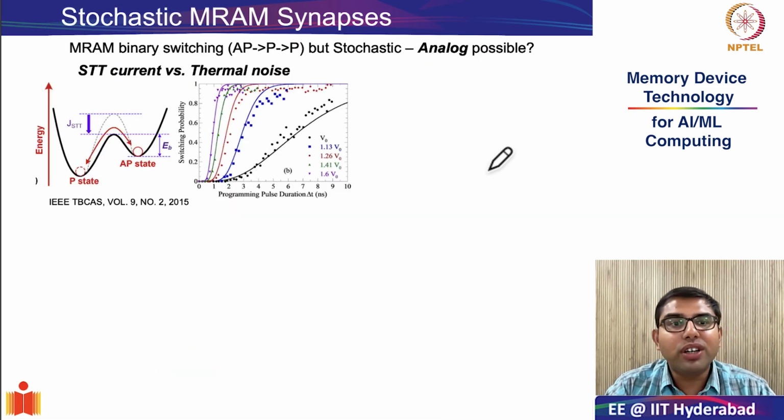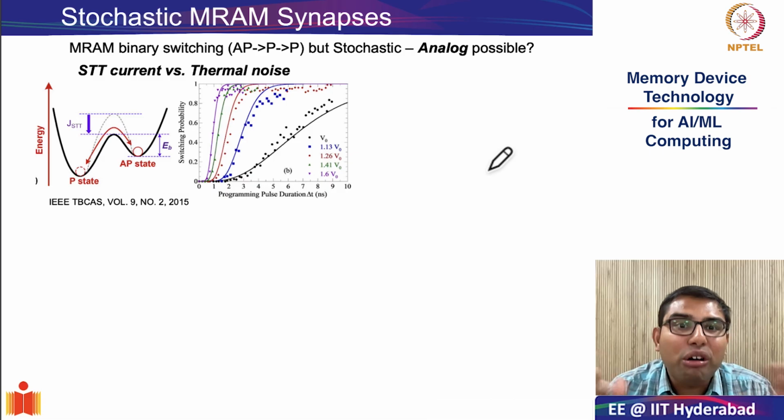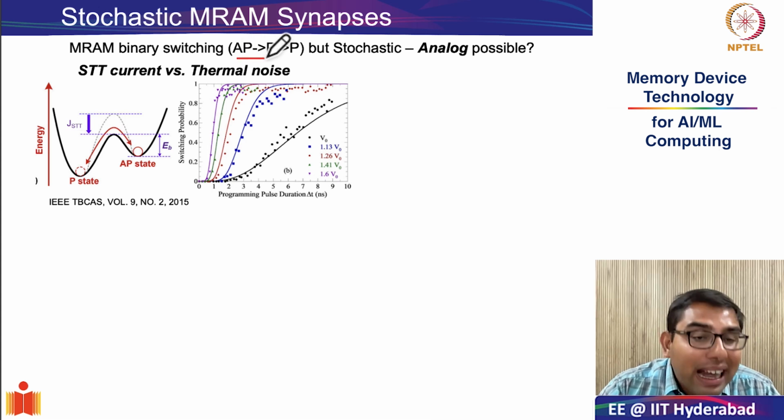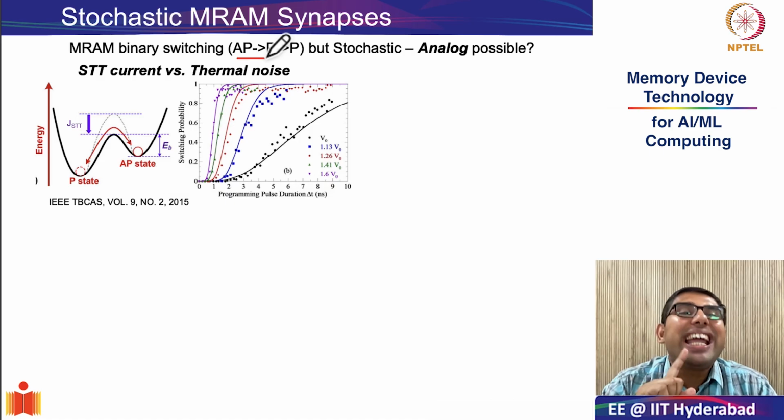So to conclude our section on hardware realization of synapses, let me introduce a very interesting technique of making analog synapses through stochastic behavior of MRAMs. Now remember, the switching in MRAMs from anti-parallel to parallel to anti-parallel state is generally binary in nature.